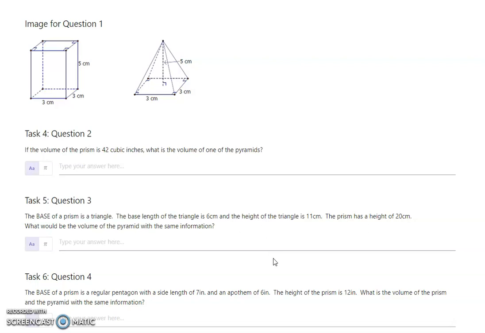So in question 2, if the volume of the prism is 42 cubic inches, then what is the volume of one of the pyramids? Like going back to the previous shape, it takes 3 of those pyramids to make the prism.